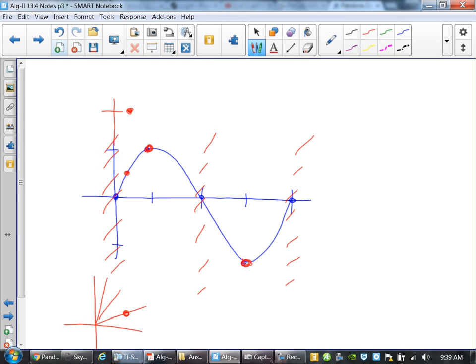Coming back down the other side, before I get to 180, I have 150 degrees. Bounces up into the second quadrant. It also has a sine of 1/2, which means it's up here. So cosecant, reciprocal properties, blows up the sine graph. It blows down the other part.